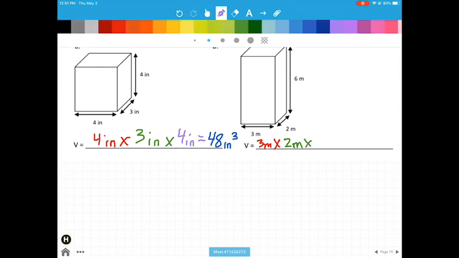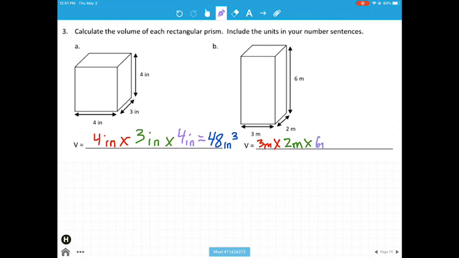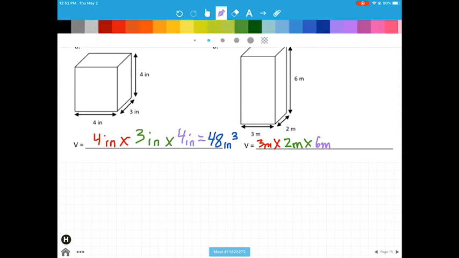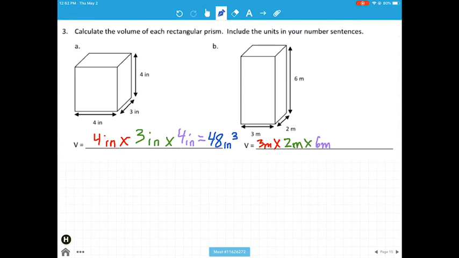And then we're going to multiply it times 6 meters. So 3 times 2 is 6, 6 times 6 is 36. So we have 36 meters cubed. For those of you that don't see it, I'm going to take these two and multiply them together, and I get 6. That would be meters squared times 6 meters, and that's going to give me 36 meters cubed.